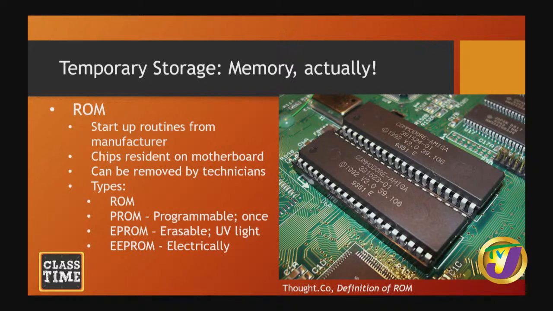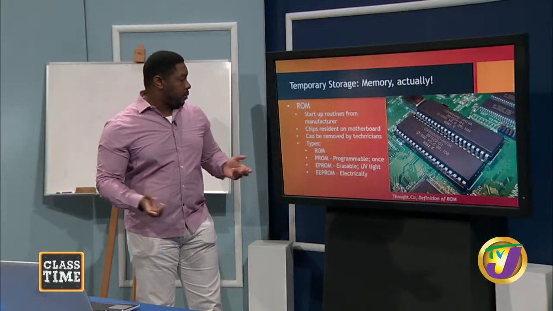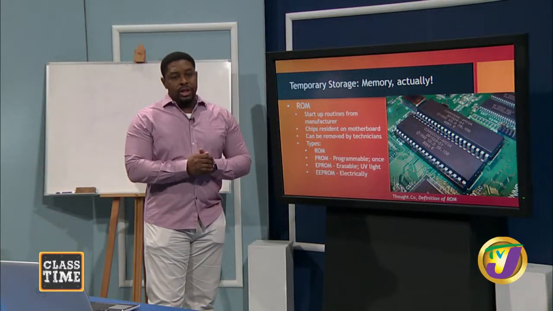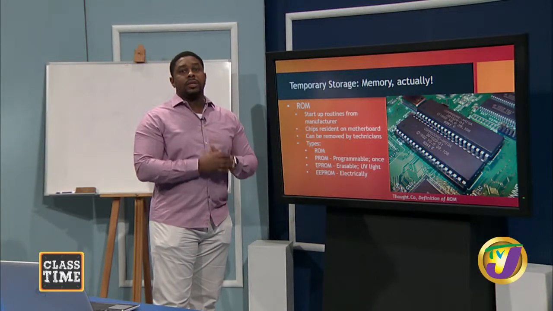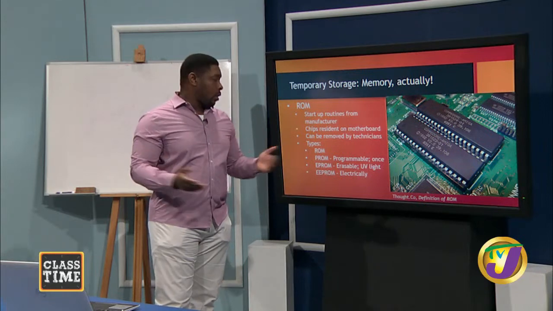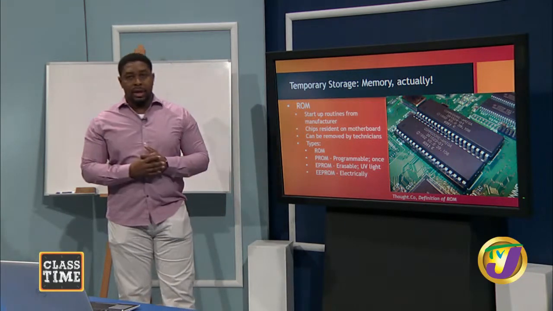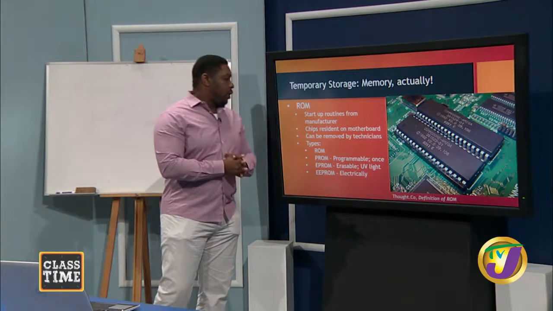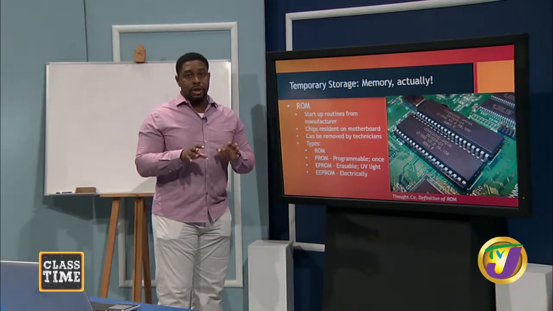And then you have the programmable type, which basically, when they're created, something or someone can program the ROM to do what you want it to do, but that's only once. So that's programmable. Then we have erasable, which of course allows for UV light to erase what's on the chip. And then we have electrically erasable programmable read-only memory. So these are the 4 types we pay attention to.